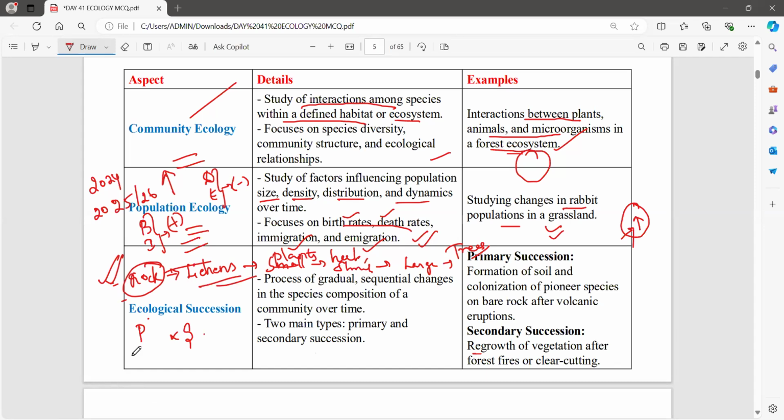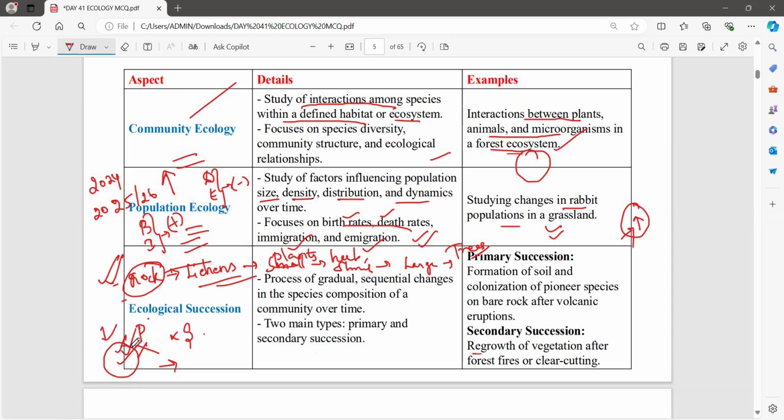But in the case of a secondary succession, there was an existing ecosystem before, and it was damaged by some environmental disaster, and after some time it leads to the redevelopment of that particular ecosystem. For example, initially it was a forest ecosystem, and it was damaged by a forest fire.